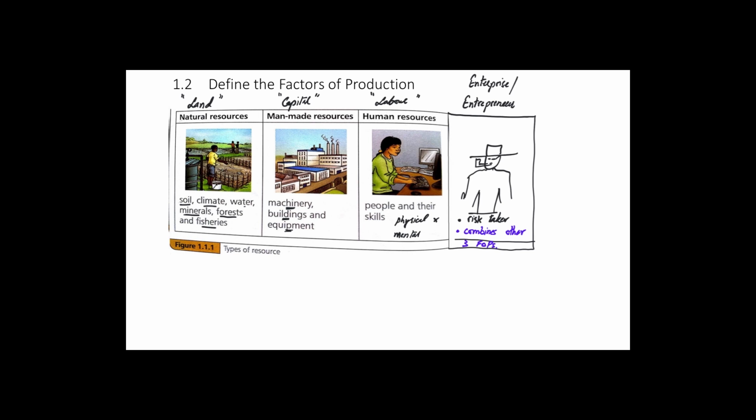Now, whenever you're using the factors of production, one of the differences that we have is that every factor of production has a reward. Who owns these resources? We say people own the factors of production. People own the land. People own the machines. People are the labor.